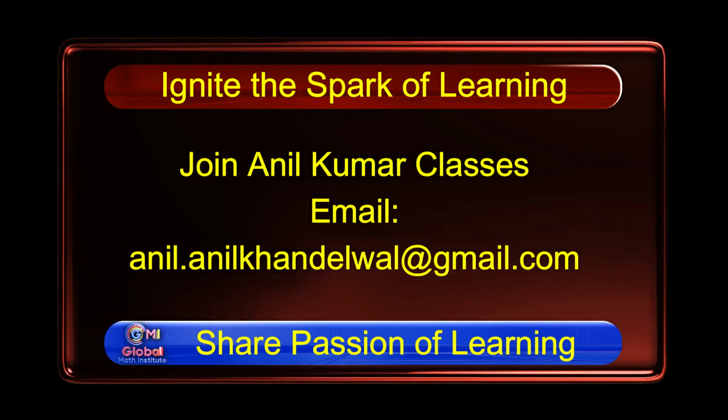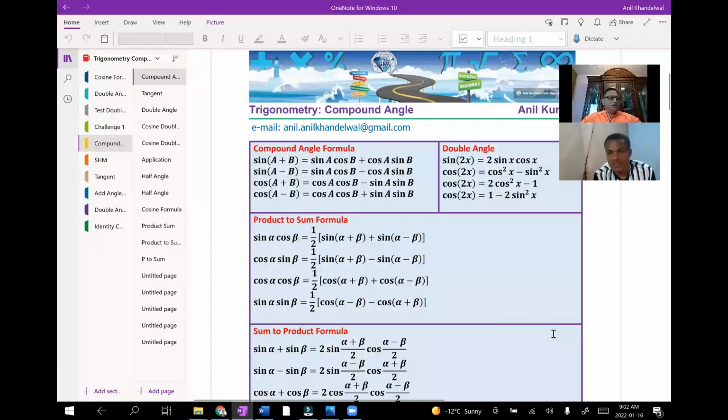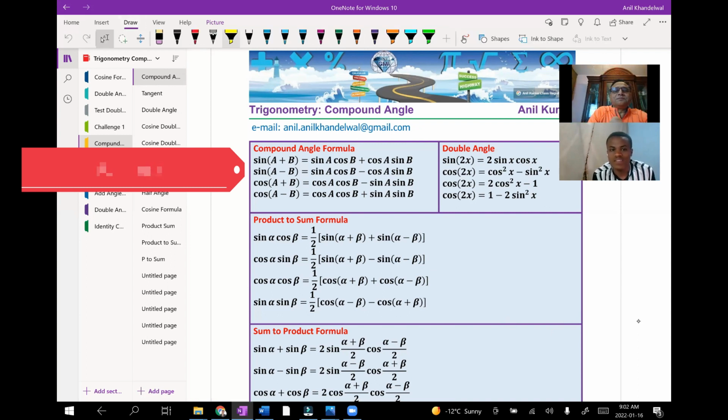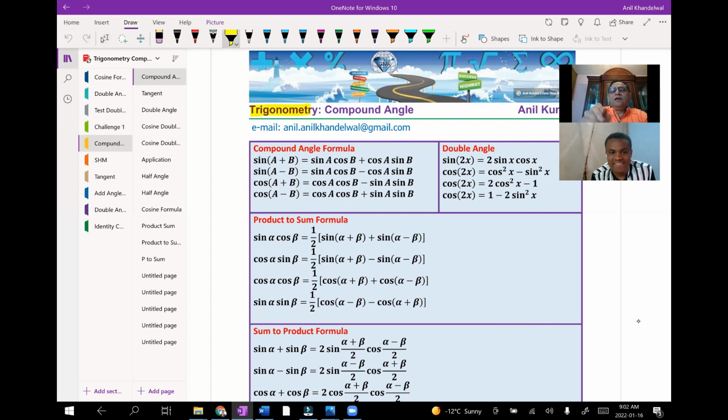Now, let's begin with a lesson on trigonometry. Okay, so read what is written there on the screen. What do you see? I'm looking at the compound angle formulas. So we'll talk about trigonometry of compound angles today. So Mata Savia, you know the compound angle formulas which are mentioned here, which is sine A plus B is sine A cos B plus cos A sine B, right?